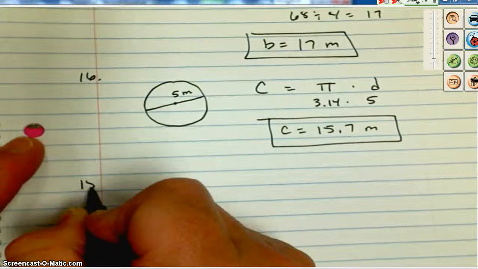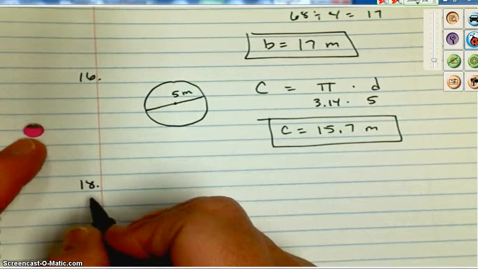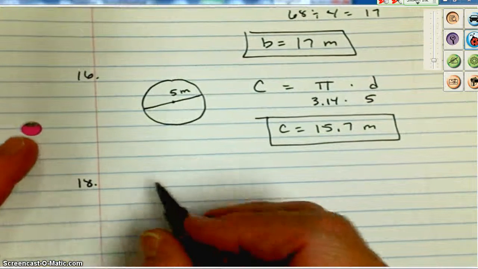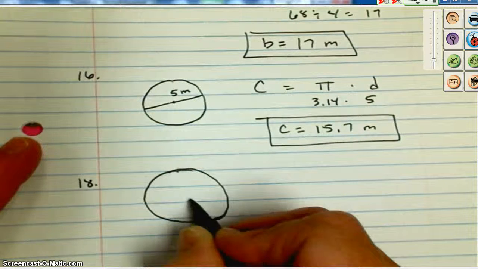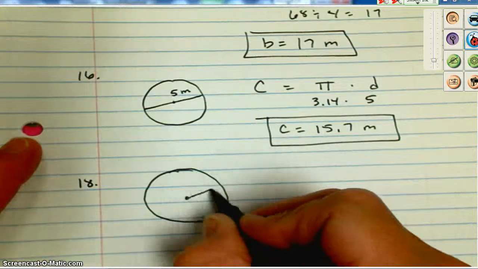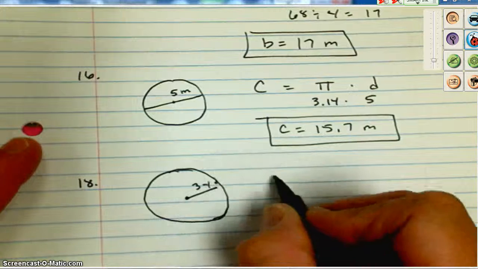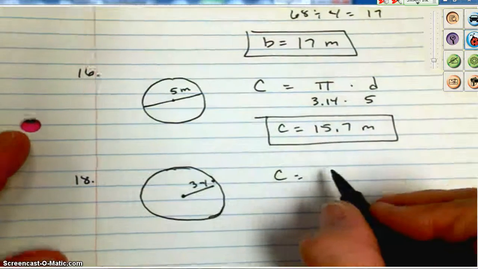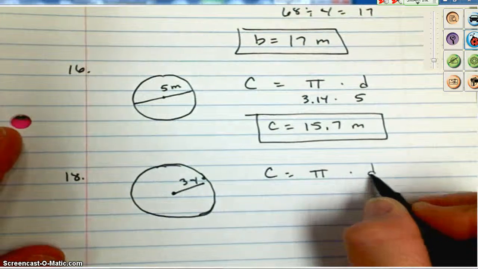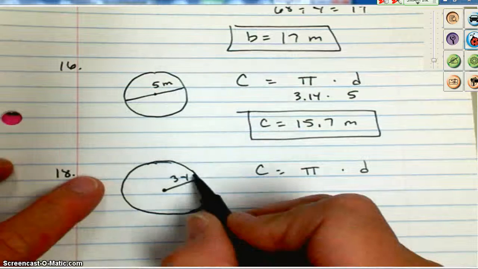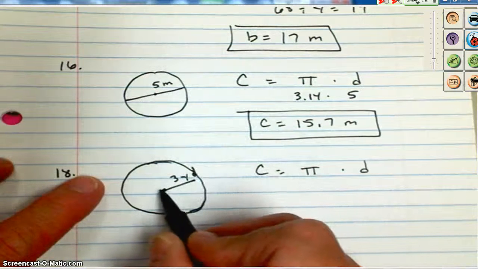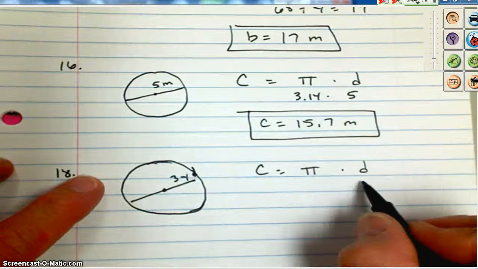Number 18, we're going to find the circumference of a circle with a radius of 3 yards. Our circumference is equal to pi times diameter. If our radius is 3 yards, then our diameter, of course, is going to be 6.